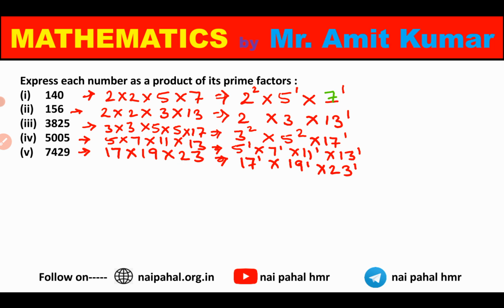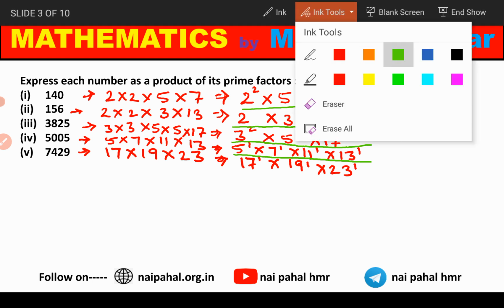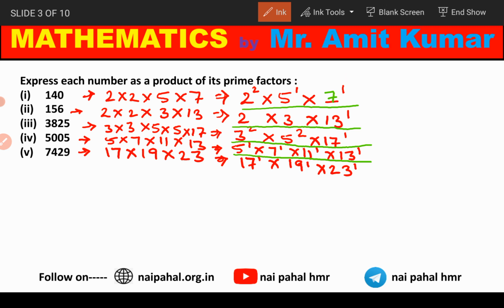Seven power 1, this. The second line will be this. The third line will be here, this, because there are powers also, so you have to get that. And we are going to write the powers with the help of another ink.